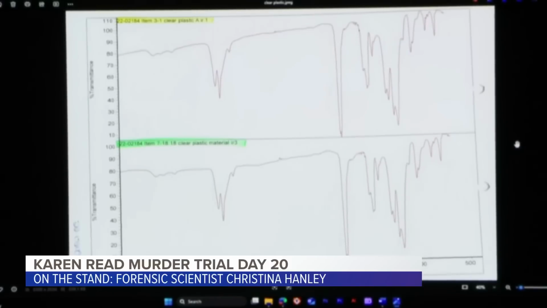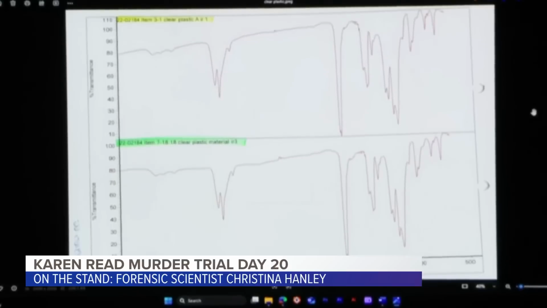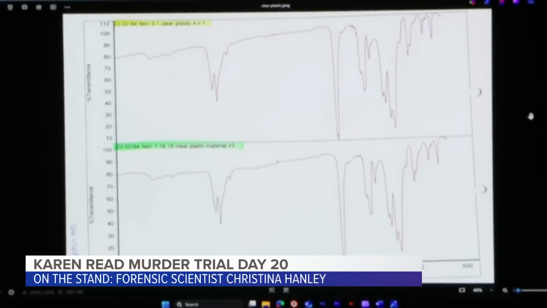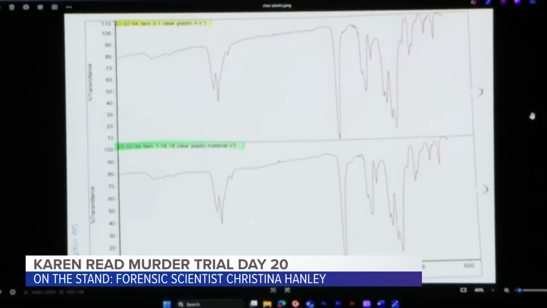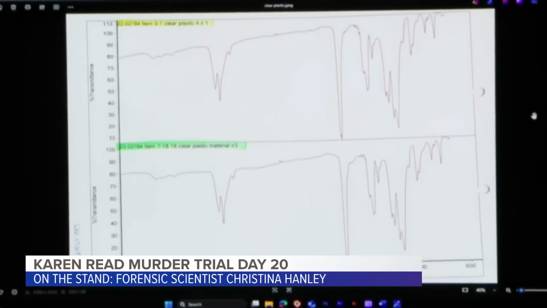The top, I'm sorry, I apologize, Your Honor. That's okay. The top spectrum is item 3-1, and the bottom spectrum is item 7-18.18.